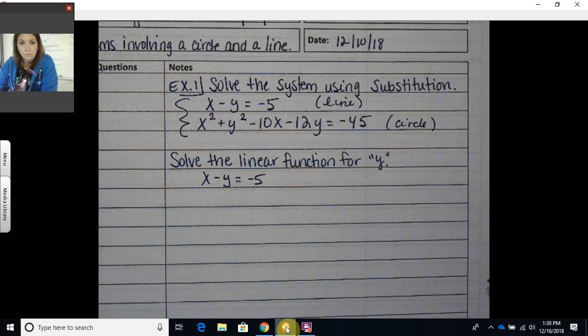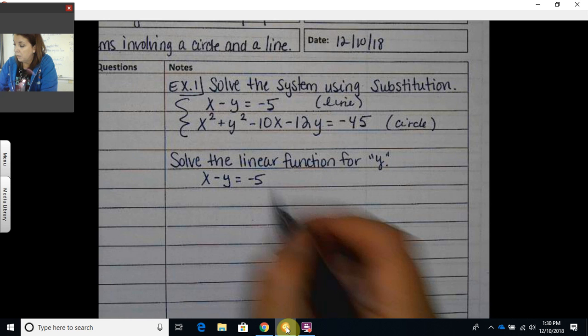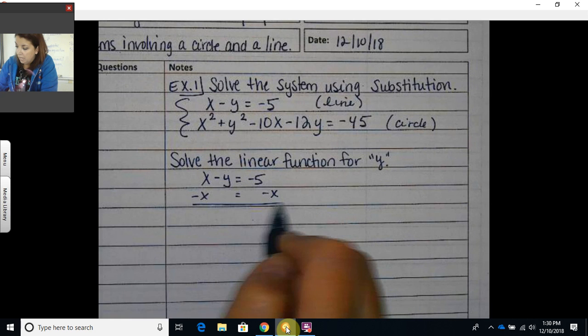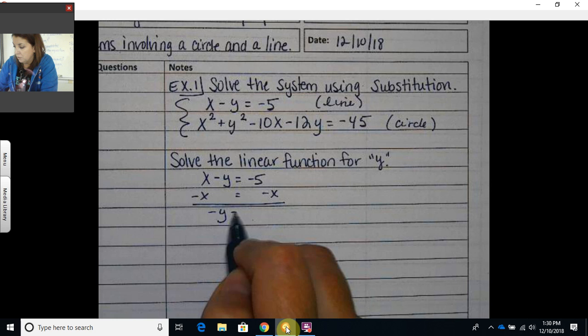So I could either add y to both sides, but I like my y to be on the left. So I'm going to subtract x from both sides. And on the left side, that leaves me with negative y equals negative x minus 5.